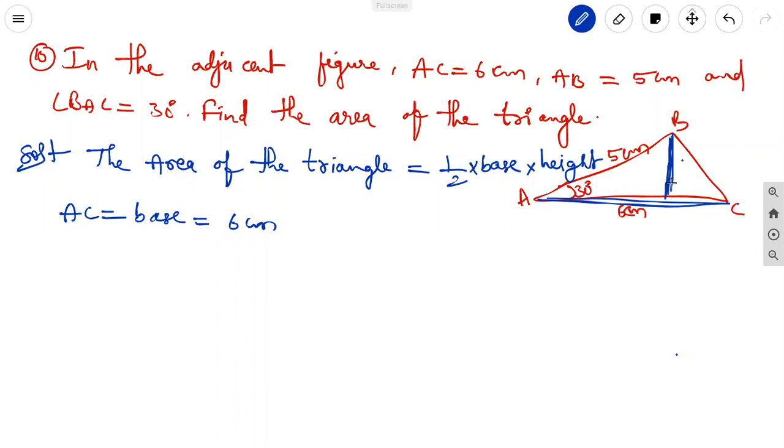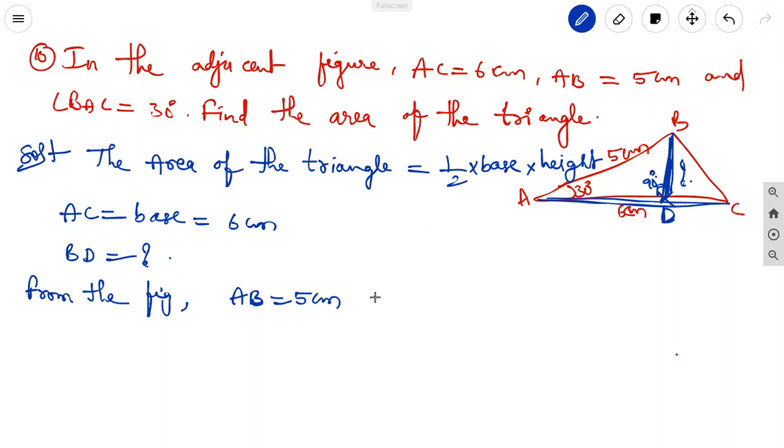That height is the perpendicular distance from B to the AC base, at 90 degrees, at point D. So first we find BD from the figure: AB is equal to 5 centimeter and angle A equal to 30 degrees.